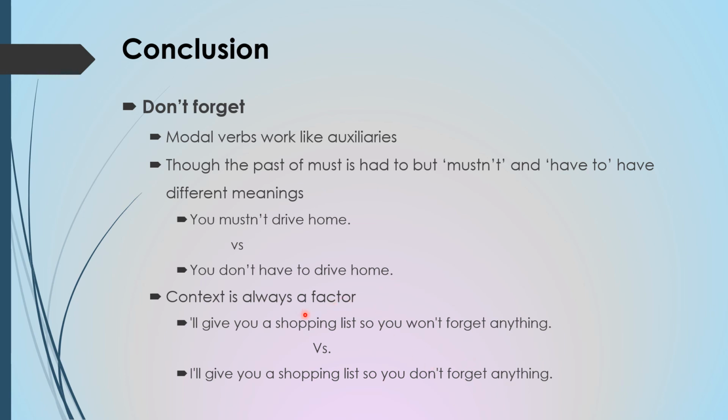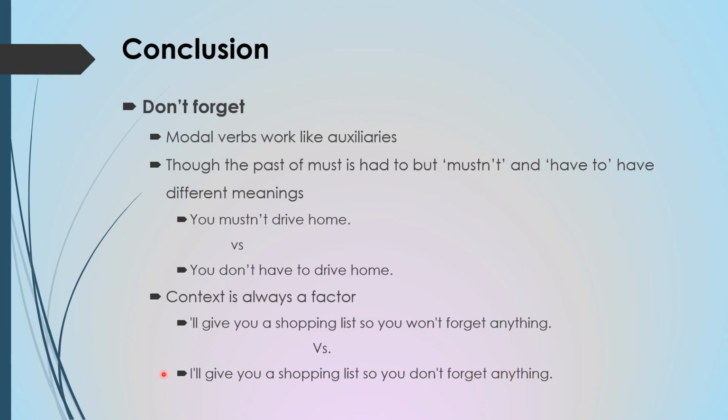Let's look at another context. I will give you a shopping list so you won't forget anything, versus I will give you a shopping list so you don't forget anything. So won't forget versus you don't forget. Here you can see that I will give a shopping list so you won't forget anything. So that means we are talking about a hypothetical situation. That means you may forget the thing, that's why I have given you the shopping list. And here I will give you a shopping list so you do not forget anything.